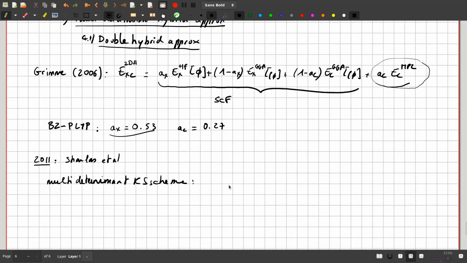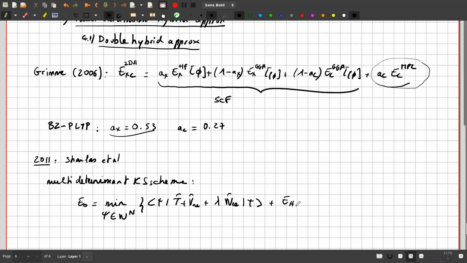I will not explain that in detail, but basically you can find this extension where you minimize with respect to a multi-determinant wave function the expectation value of T plus V_ne, but now you add a fraction lambda of the Coulombic interaction, and you have a complementary functional for the rest of the interaction that I call E-bar of lambda, depending on rho of psi. So this is exact in principle as in Kohn-Sham.